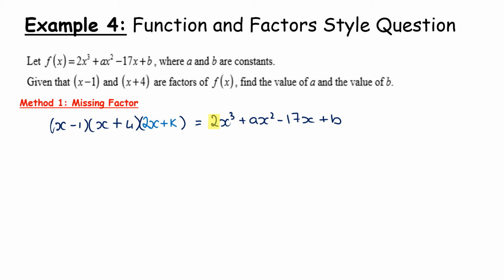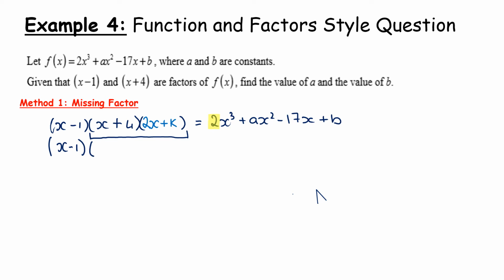Okay. So now all we're going to do is multiply out our three brackets and equate the terms as we have been doing before. So I'm going to multiply two at a time. I'm going to leave that one as is, and I'm going to multiply these together.